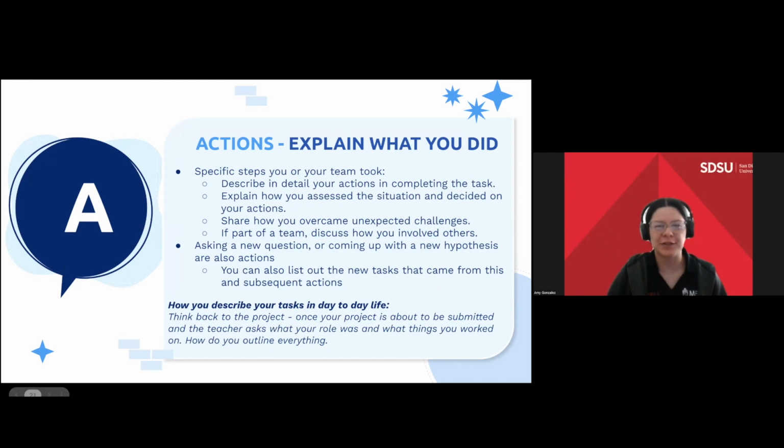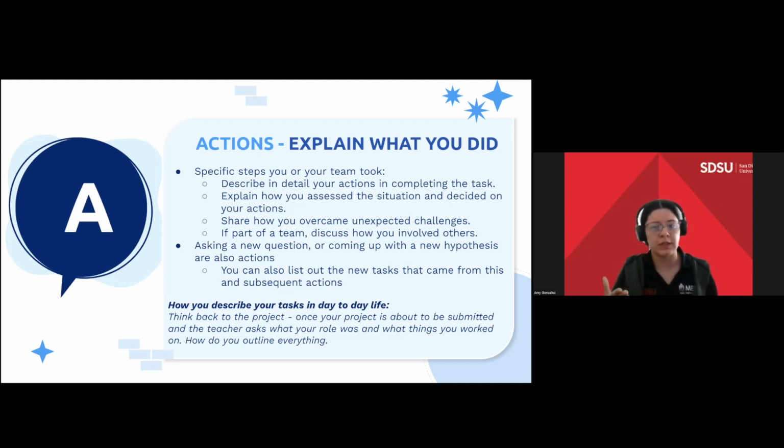All right, for actions, this is where you explain what you did. This is where the chunk of your work or explanation will be. So you go into the specific steps that you and your team took. You describe in detail your actions in completing your task. Explain how you assessed the situation, decided on your actions, as well as how you overcame unexpected challenges.